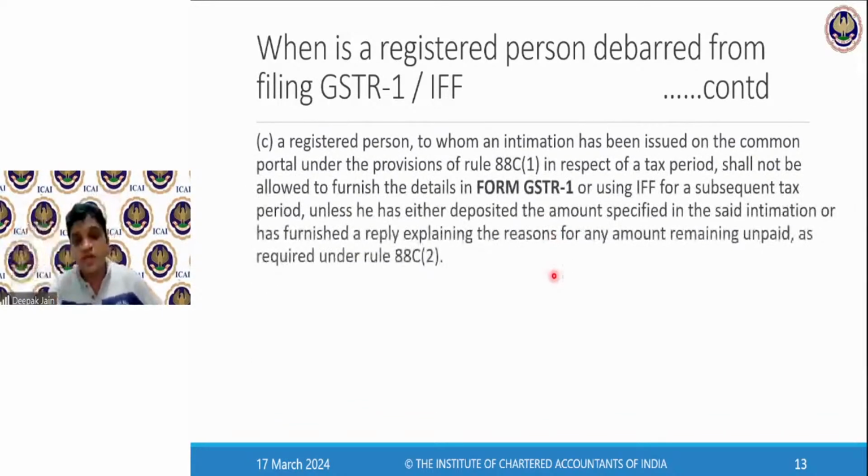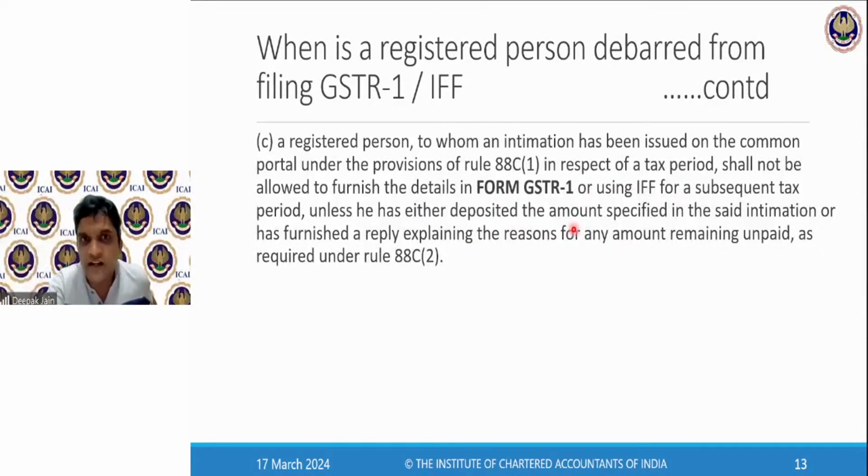A registered person to whom an intimation has been issued on the common portal under the provisions of Rule 88C. There is a special provision of 88C. In that case, if you're getting an order, if you're getting a notice, he shall not be allowed to furnish details in GSTR-1 or IFF unless he does one thing. Either he has deposited the amount which is specified in this notice or he has furnished a reply.